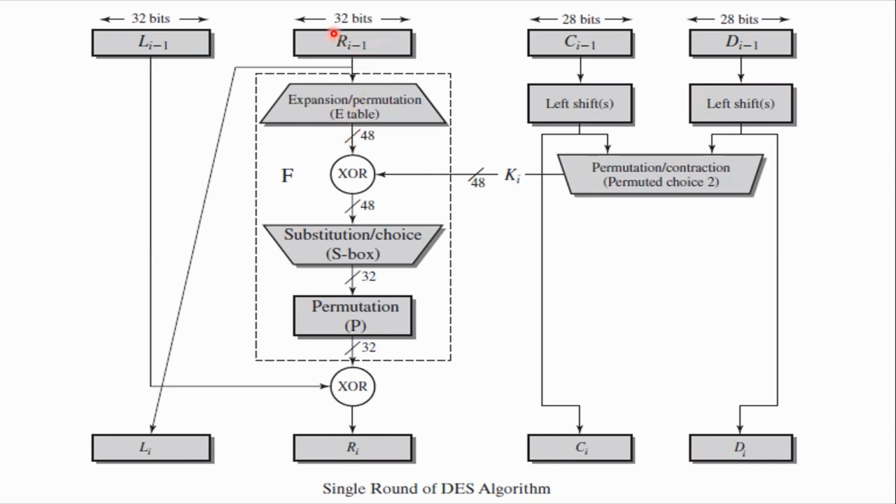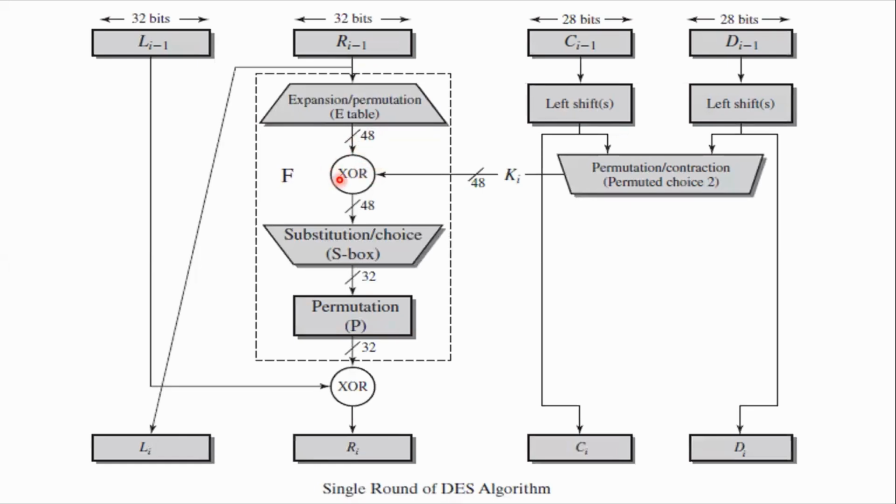Because the right part is a 32-bit part, but the key which is coming here is a 48-bit key. So if we want to work on these two, this 32-bit data has to be expanded to 48-bit. So that's why we apply an expansion table, the E table. I'll revisit it again. So the first step expands 32-bit data into 48-bit.